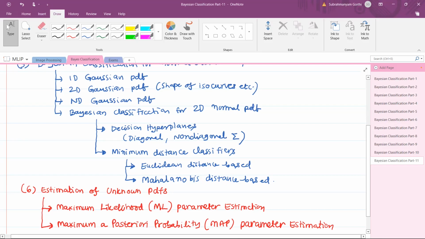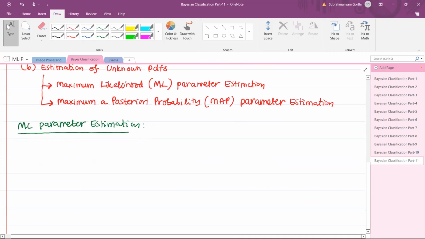Okay. Now, why are we talking about the likelihood function? It should be obvious to you by this time.